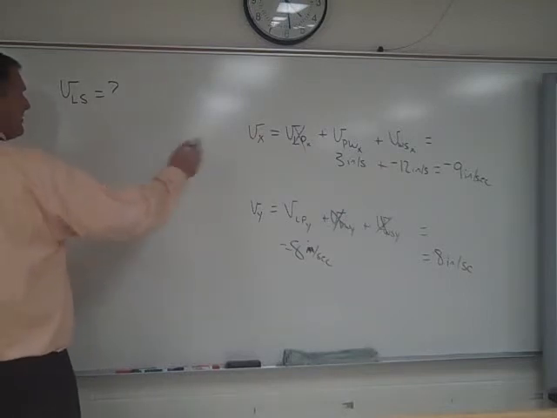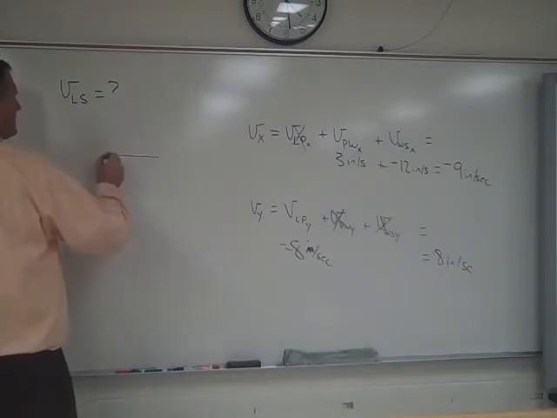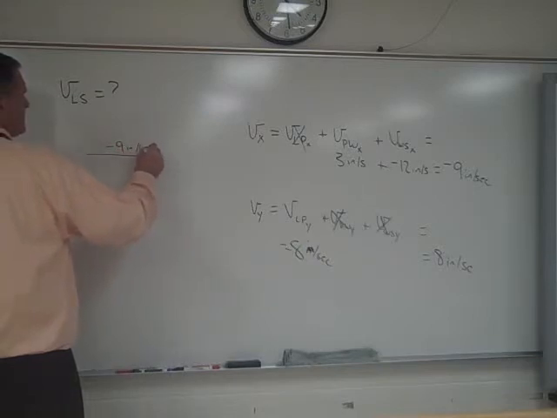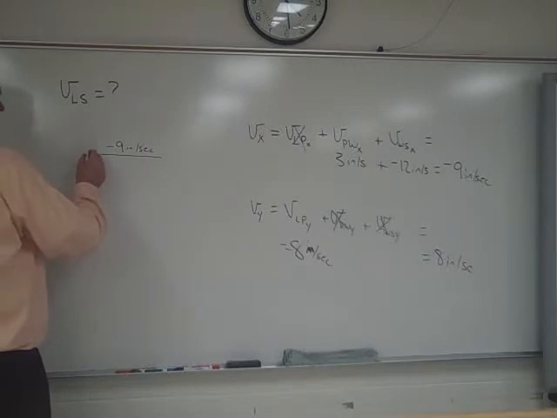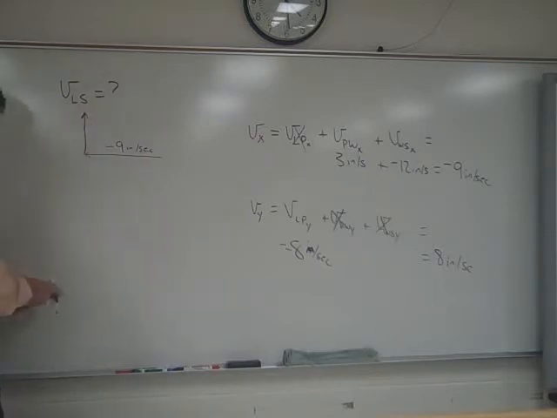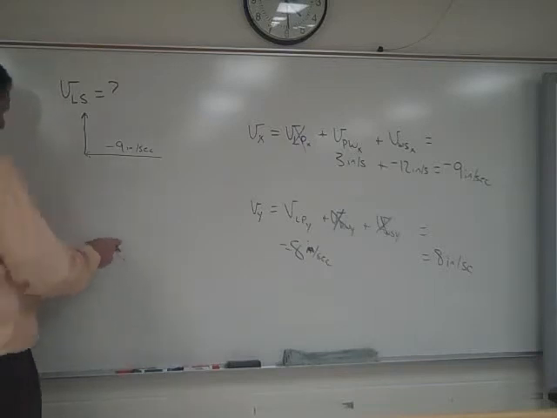So we have in the x direction negative 9 inches per second. And in the y direction we have 8 inches per second. So we're going to connect the dots here.